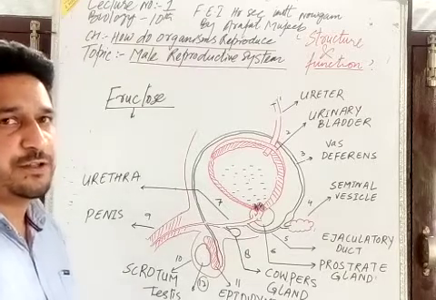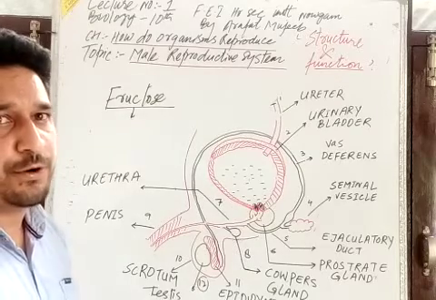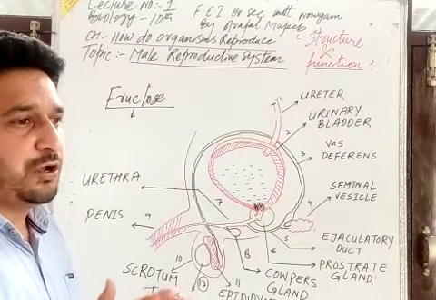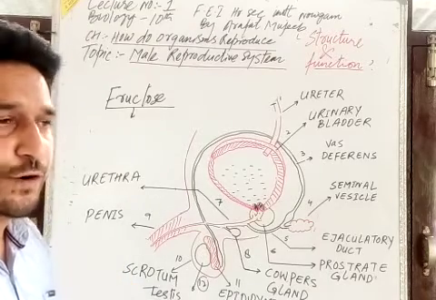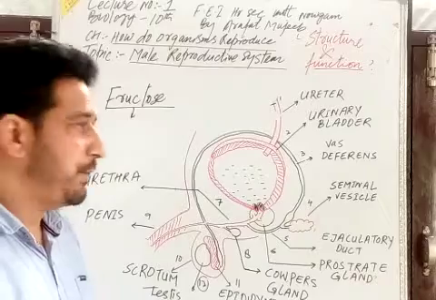In this way the sperm is passed into the female reproductive tract so that later on the sperm can fertilize the egg.